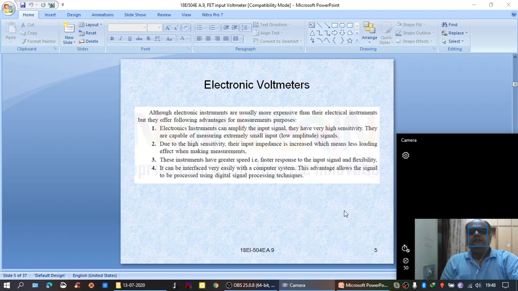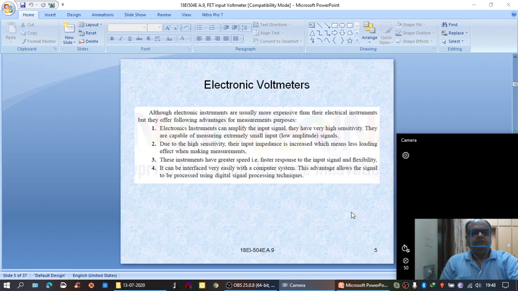Fourth one, it can be interfaced very easily with a computer system. An electronic voltmeter's main advantage is this: it can be interfaced with a computer system, and using a computer system, any type of control is possible.